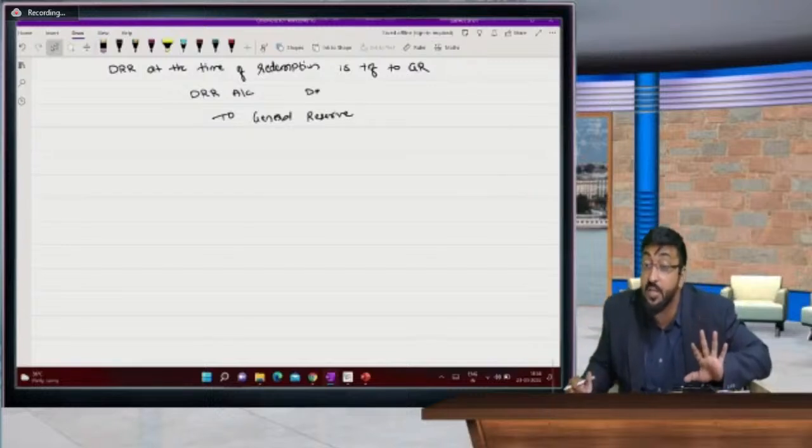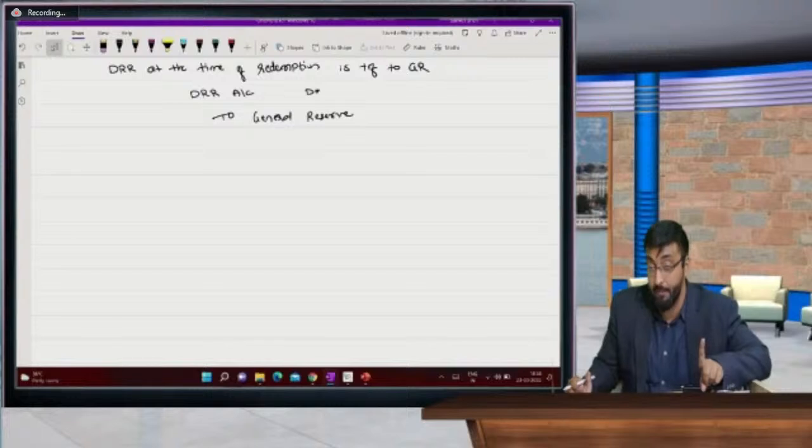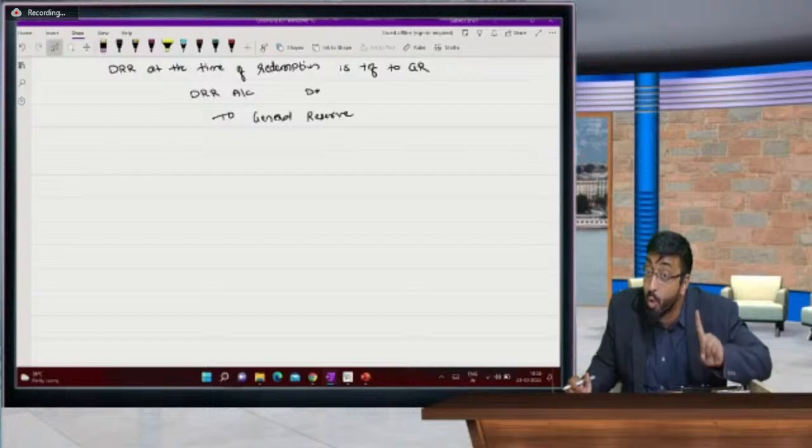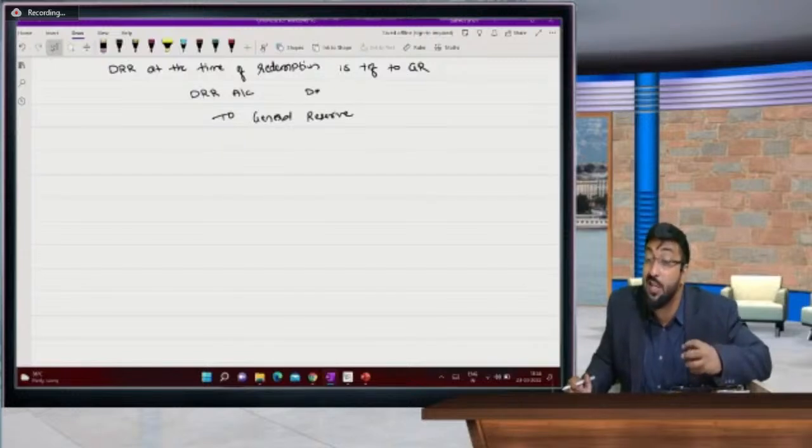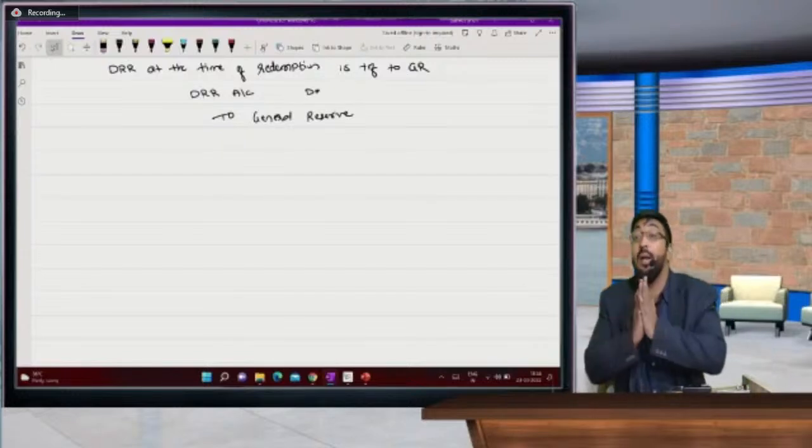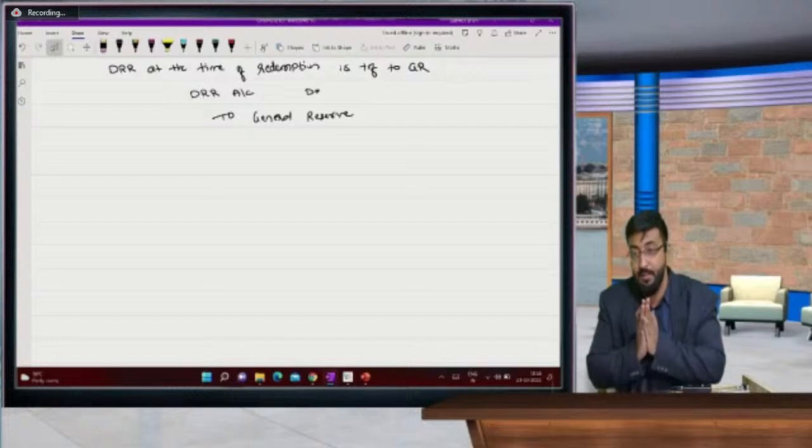Because profit is based on accrual concept. Therefore, if you block your profits, it doesn't mean that you are setting some cash aside. No beta. Remember this difference, because I have seen many wrong videos in which they are telling you are creating one reserve, means you are setting aside a cash. No beta, please understand this concept.